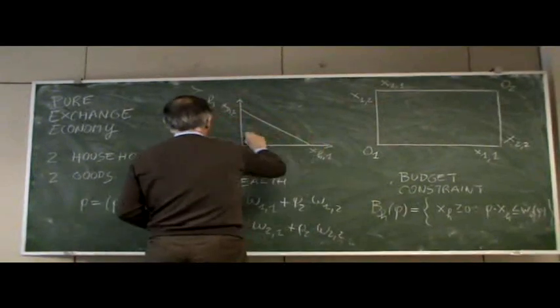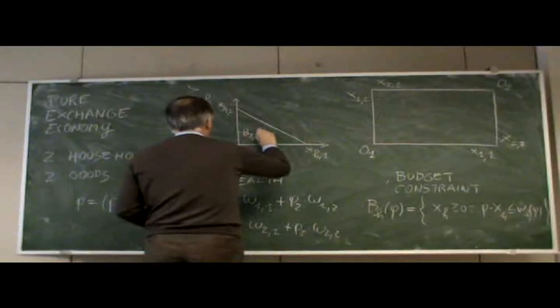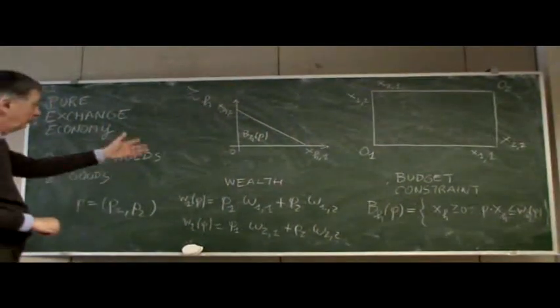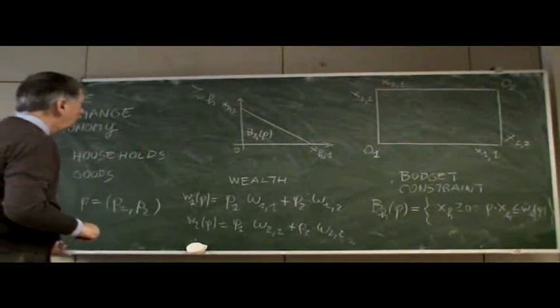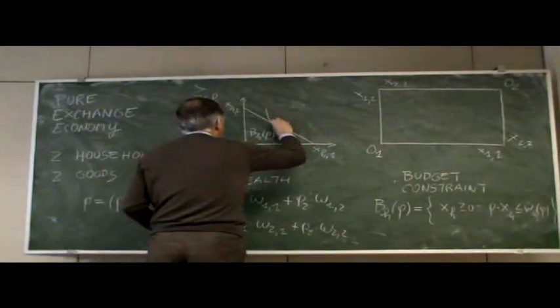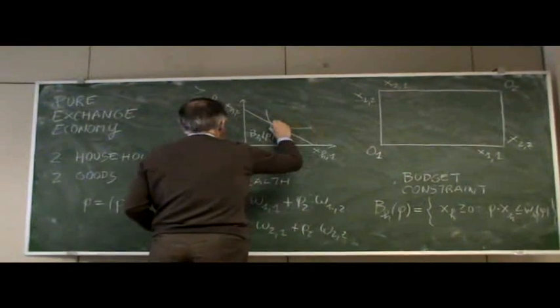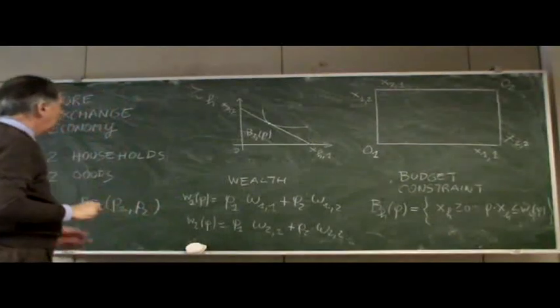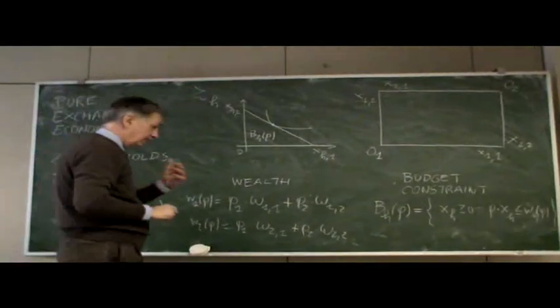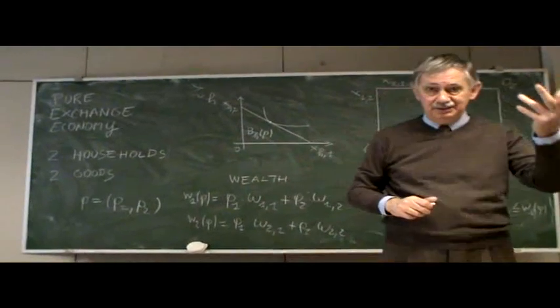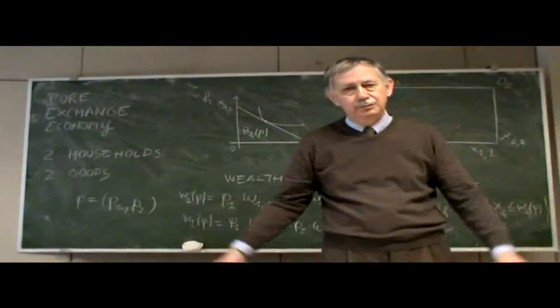So this is the budget constraint of subject h, which is equal either to 1 or to 2, and simply the solution is the bundle or the bundles which maximizes the preferences. In other terms, which belongs to the highest indifference curve, as usual.